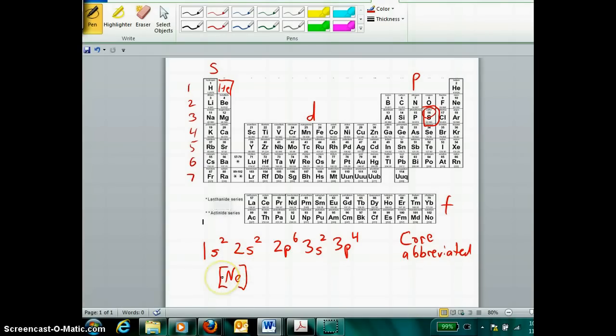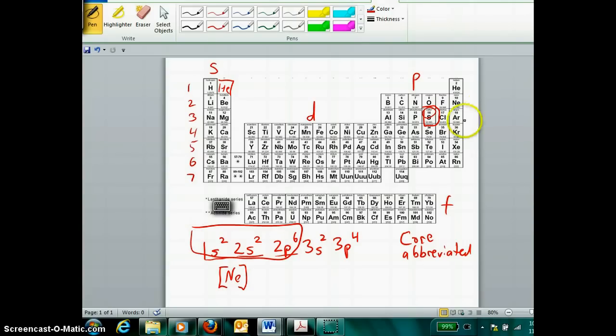Now, what this means is up to this point, the first 10 electrons in sulfur all get arranged and configured just like neon would. And of course, that's 1s2, 2s2, 2p6. In other words, the square brackets with neon inside is saying this to a chemist.